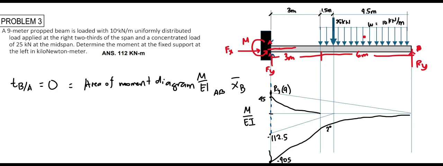Now we can start formulating our equation. So we have 0 equals the area of the moment diagram between A and B times the centroid going to point B. We have the triangular load above, that is an area equal to 1/2 times the base of 9 meters times the height of Ry times 9. So that's 9 Ry. And its centroid distance going towards point B is 2/3 of 9 meters.